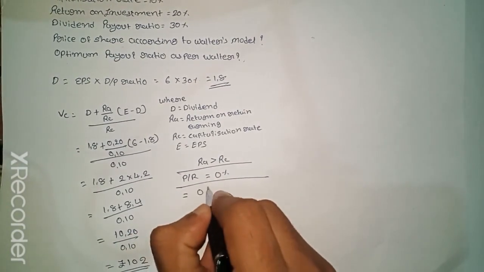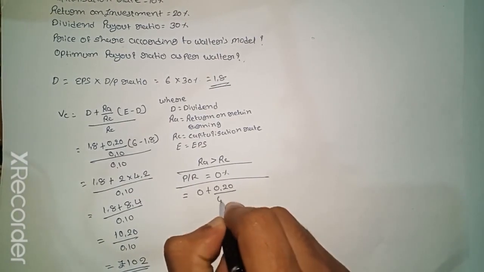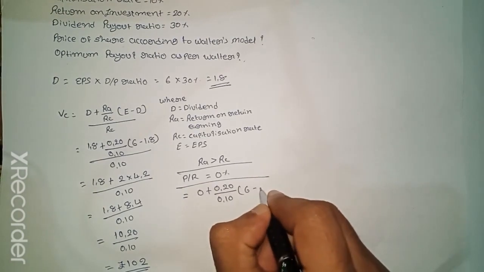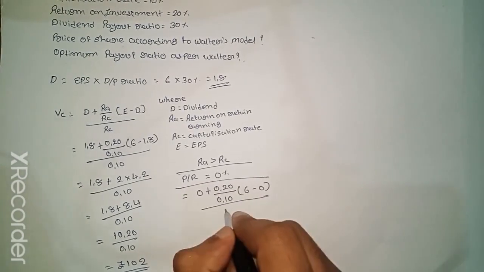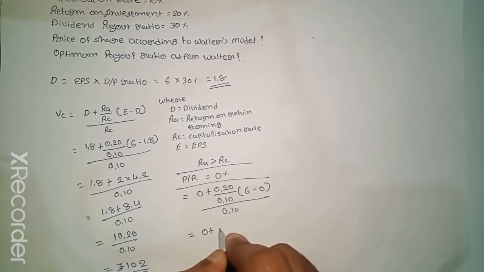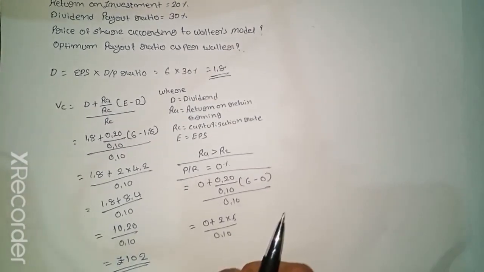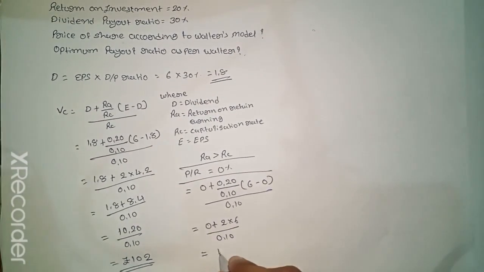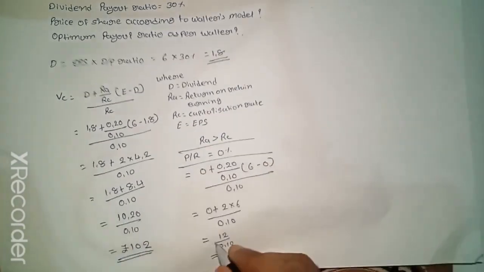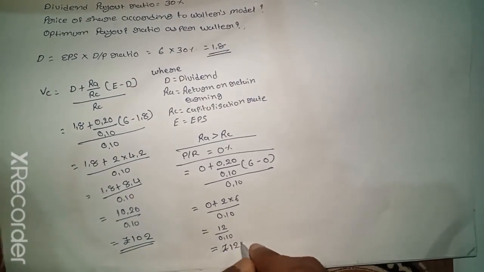Dividend 0, return on retained earning 0.20, required rate of return 0.10, earning 6, dividend 0, whole divided by 0.10 is equal to 0 plus 2 into 6, whole divided by 0.10, is equal to 12 divided by 0.10. So value per share is 120 rupees.